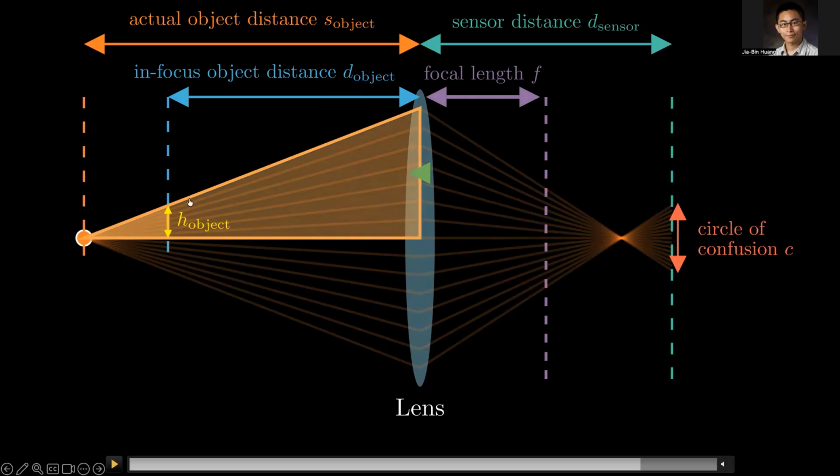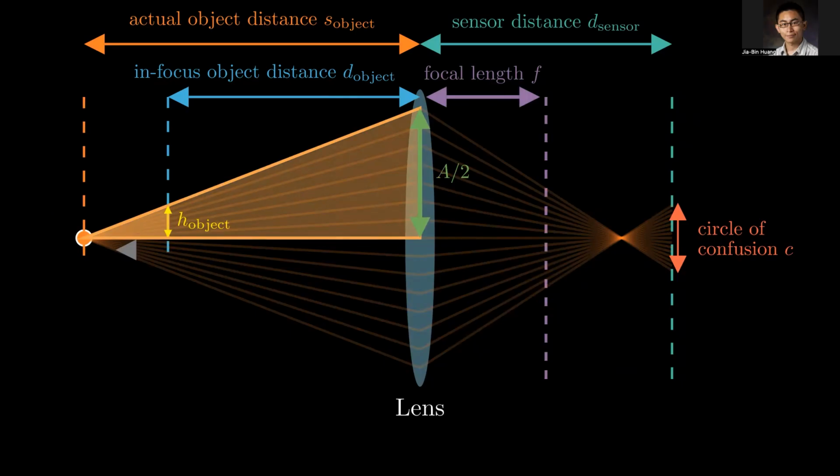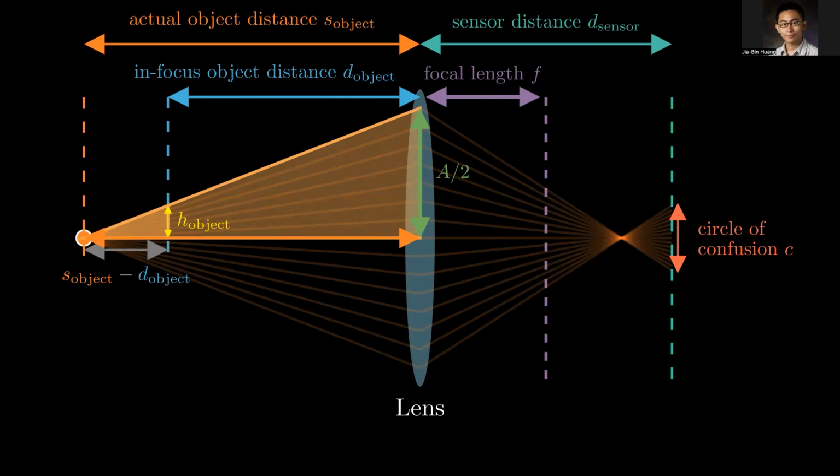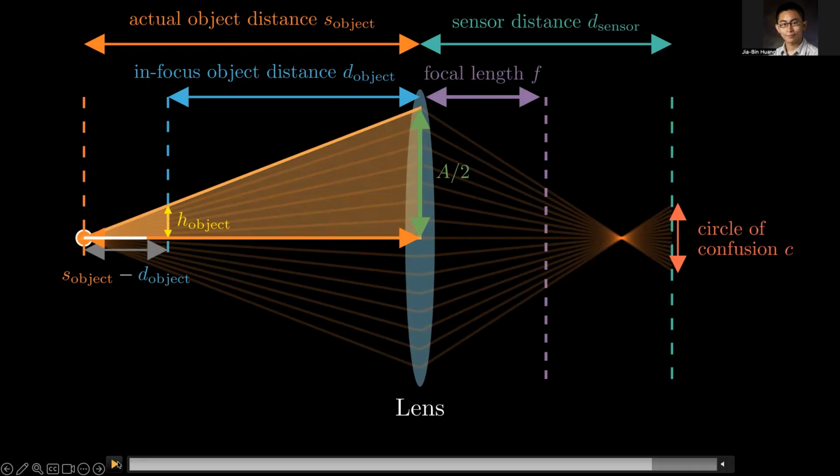This is the object height here, and this length is basically the aperture divided by 2. The aperture is the size of the opening where light can pass through, so this is half of the aperture. And this distance is the actual distance minus the distance where the object is in focus, so this is the difference. And this one is just the actual object distance.